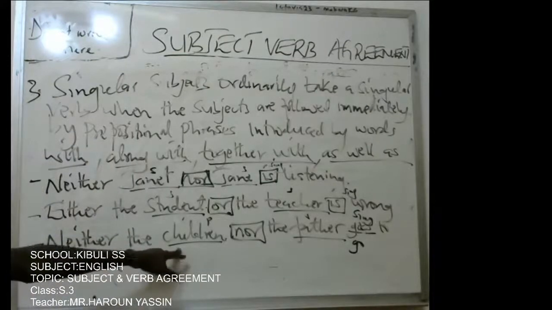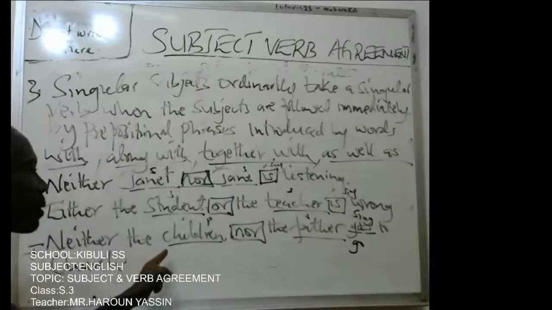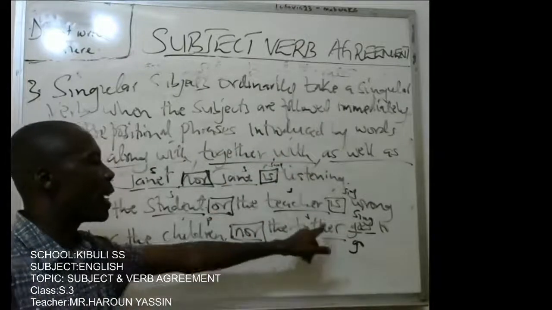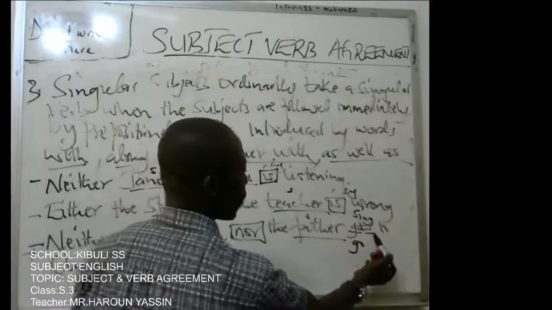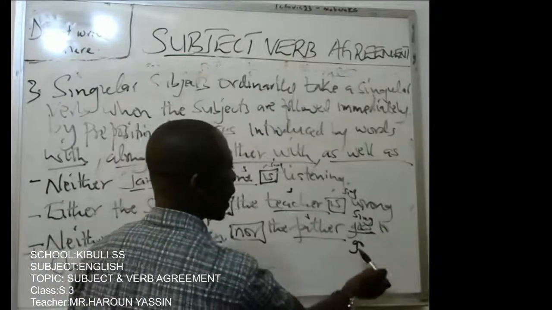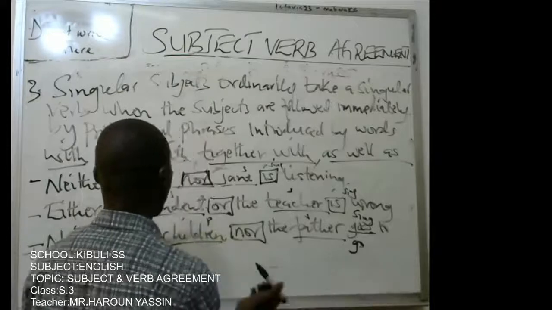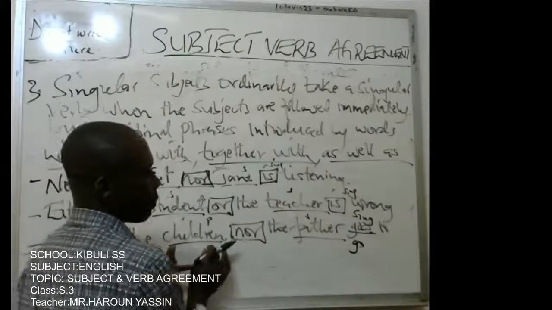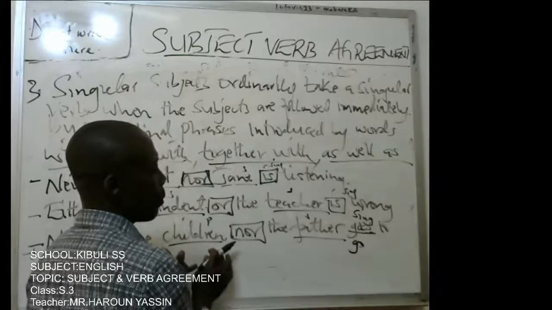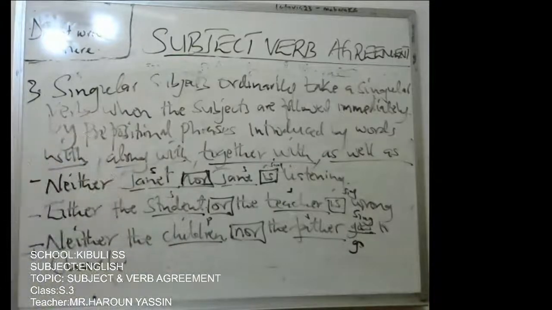But in the third sentence, we have one plural subject and one singular subject. The question is, why am I using "goes," which is singular, not "go," which is plural, when somewhere I have a plural subject or a plural noun? Now this is the answer.